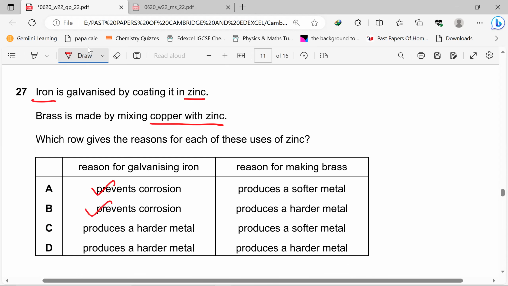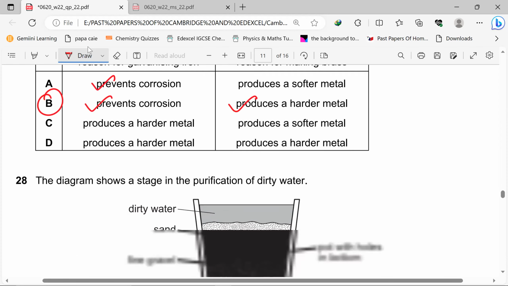The objective of galvanizing is to prevent rusting, meaning corrosion. Reasons for making brass: produces a softer metal, or produces a harder metal? We know pure metals are softer than alloys, so we want to make a harder metal. That's why we are using copper and zinc together to make brass. So B is the only correct answer. Alloys are harder than pure metals.